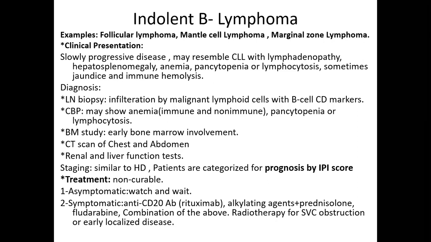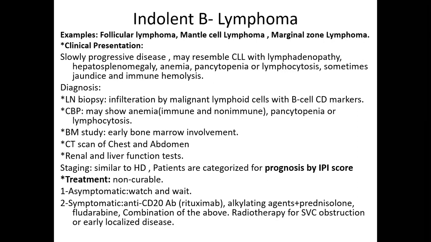The diagnosis depends on finding infiltration by malignant lymphoid cells with B cell CD markers. The blood picture may show anemia, especially if there is immune hemolysis, but it could be a non-immune cause. Sometimes we find pancytopenia or lymphocytosis. The bone marrow is involved early in this type of non-Hodgkin lymphoma.